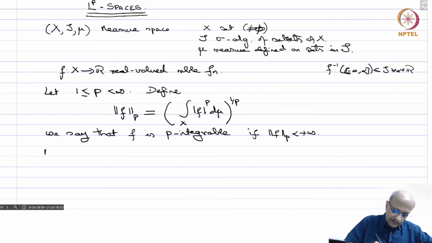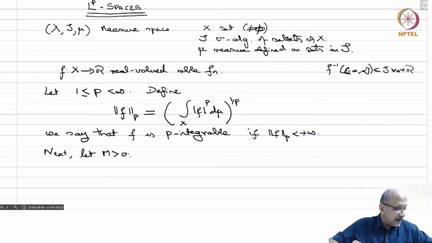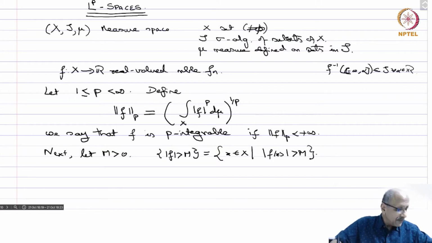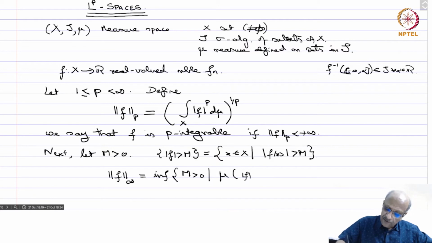So next, let M be positive, and we denote by mod f bigger than M the set of all x in X such that mod of f(x) is bigger than M. Okay, so then norm f infinity is the smallest M, so infimum of all M, such that the measure of mod f bigger than M, and because of the various properties of measurable functions, this will be measurable, that means you can define its measure, is equal to 0.